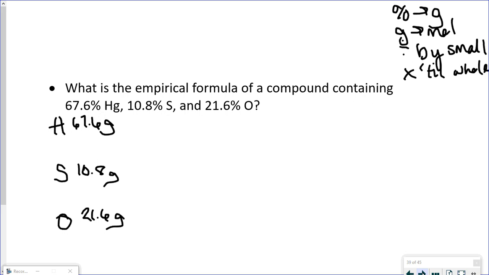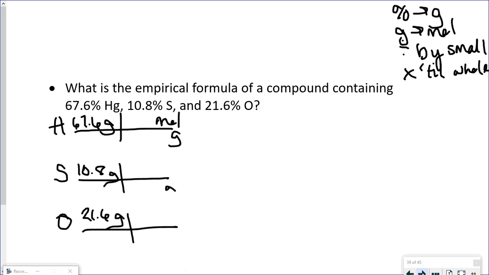Our second step, grams to mole, remember it's going to be our one-step conversion. And since we're starting with grams, to get rid of grams and change to moles, grams will be on the bottom of our next factor. And you have to look up the molar masses off your periodic table.